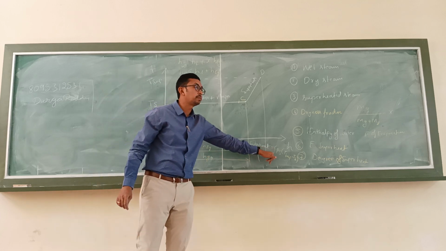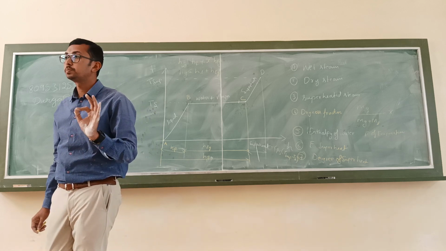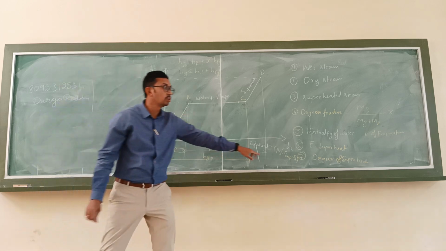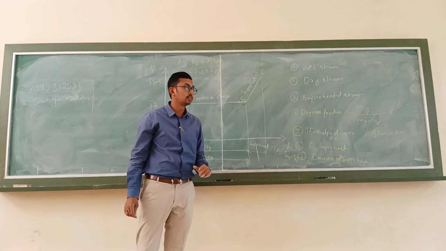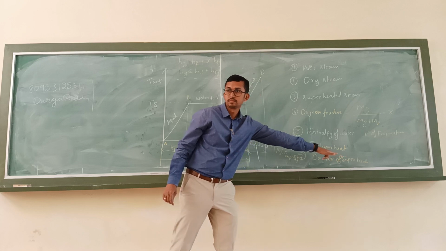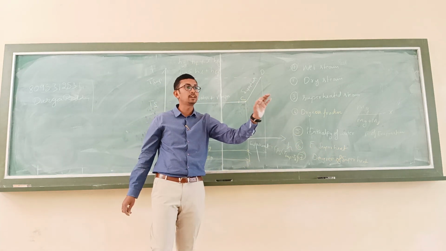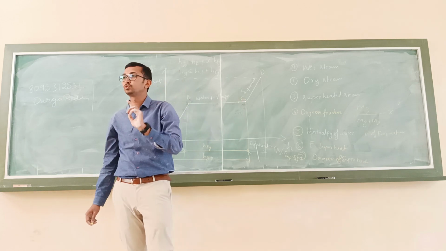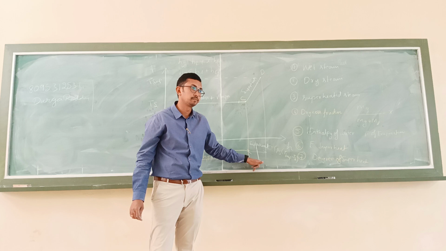What is the meaning of Cps? It means specific heat. Into what is this, Tsup minus Ts means what? Degree of superheat. So Cps means specific heat into degree of superheat. So that is going to give the enthalpy of superheat.